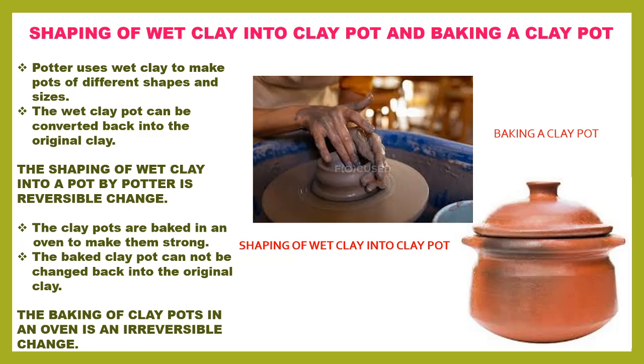So shaping of wet clay into a clay pot is a reversible change and baking is an irreversible change. In today's class we have seen that with the same material, with different experiments and different conditions, we can carry out reversible as well as irreversible change.